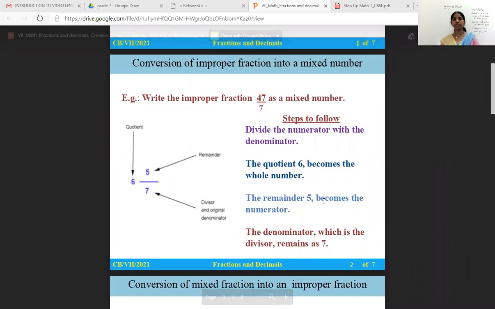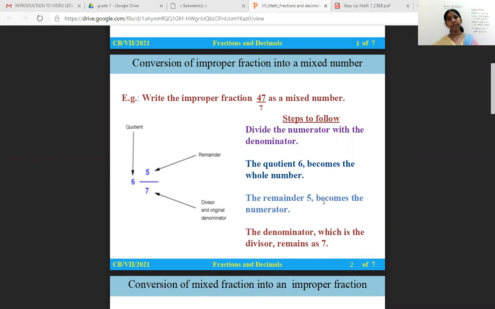Okay, so the first concept we are going to learn is converting an improper fraction to a mixed fraction. Before learning that, you have learned what an improper fraction is. Now tell me, what is an improper fraction?